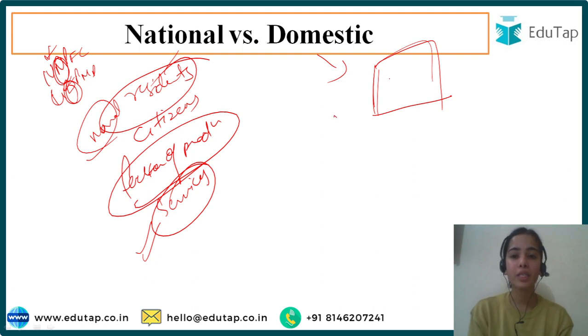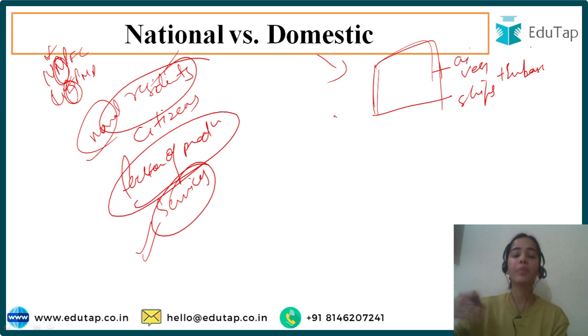So the domestic territory means our geographical territory, plus the airplanes, vessels, and ships that we have, as well as the embassies that we have in other countries, like the Indian embassy in Russia. That is our domestic territory because our people are working there. It is the territory of India, we can say.